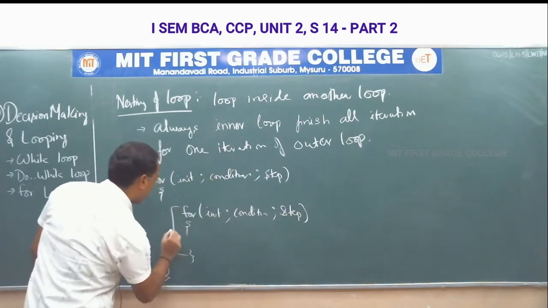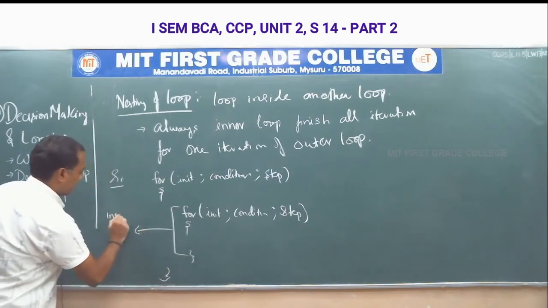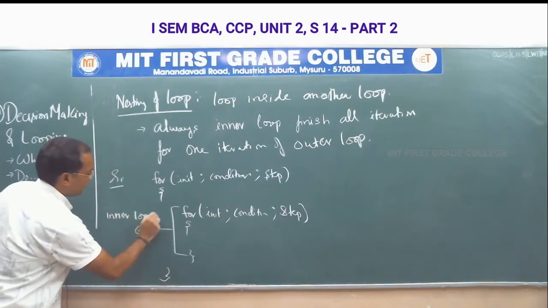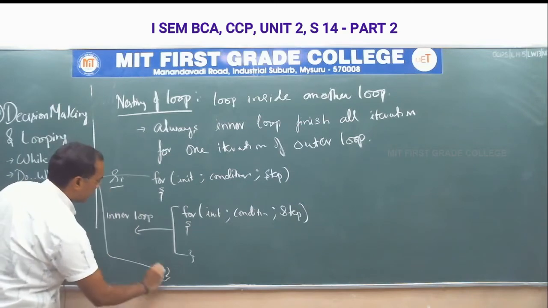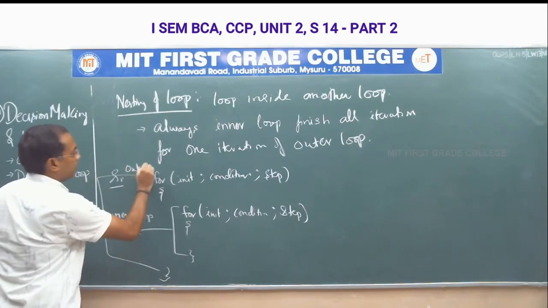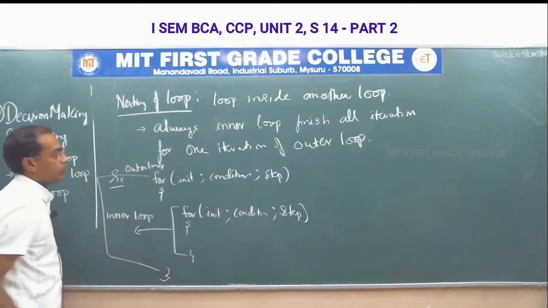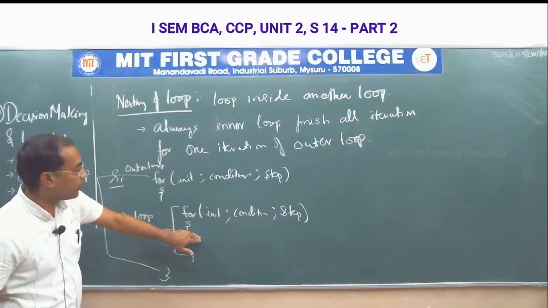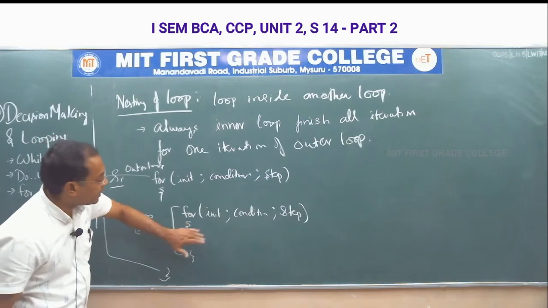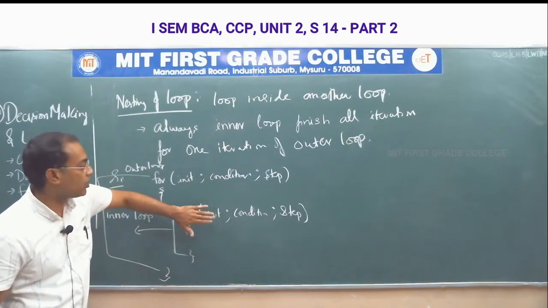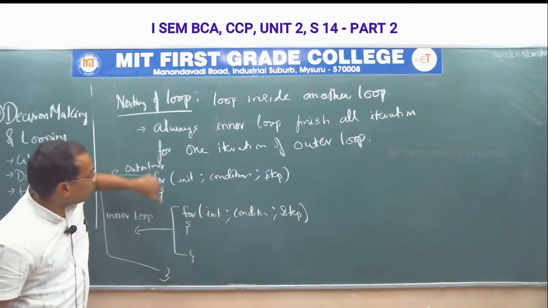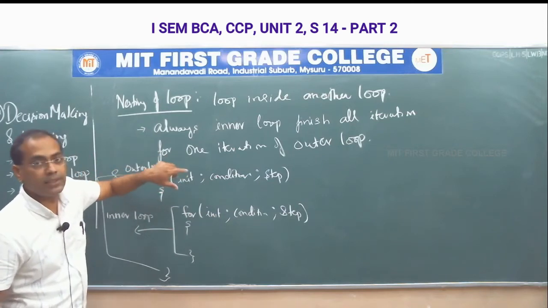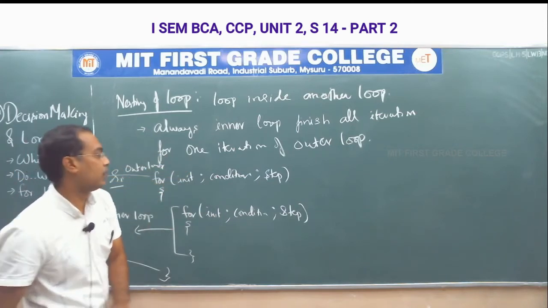So this is called the inner loop. Obviously this will be the outer loop. So one entry to the body of the outer loop, then it completes all the repetitions of the inner loop, and then goes to the next iteration. It is like this.